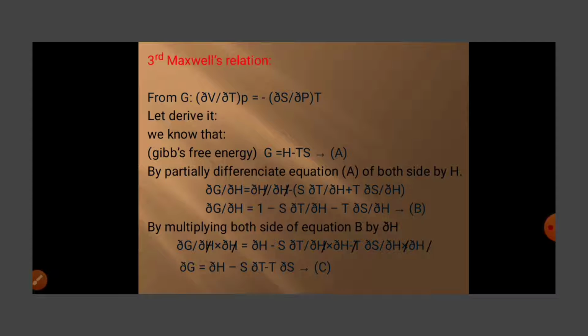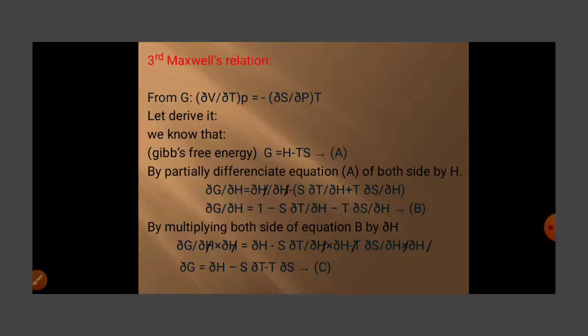So ∂G/∂H multiplied by ∂H cancels out. So we just have ∂G equals ∂H minus S ∂T minus T ∂S. How? Because ∂G upon ∂H multiplied by ∂H will cancel out.